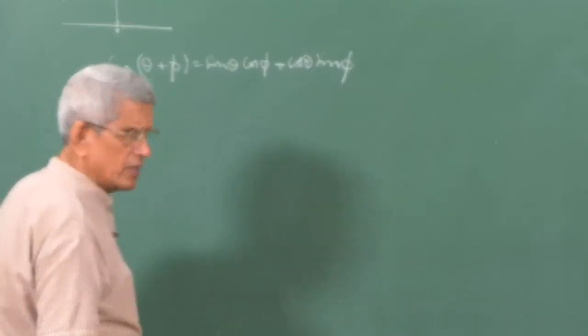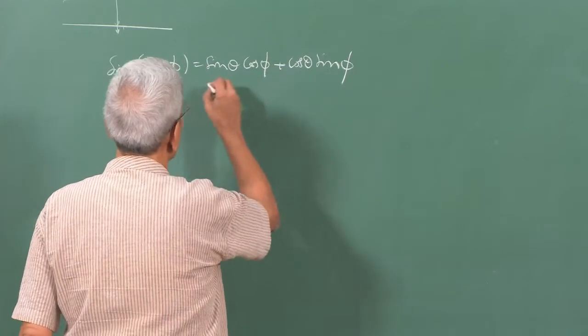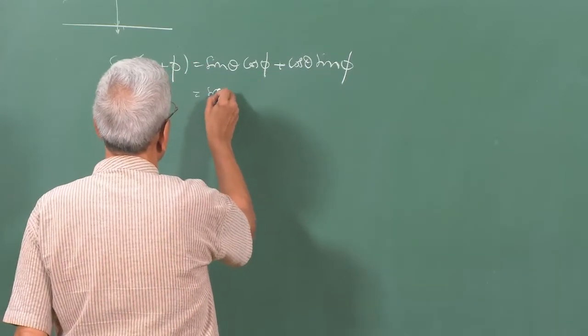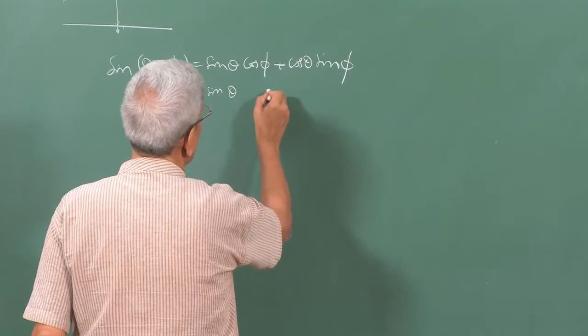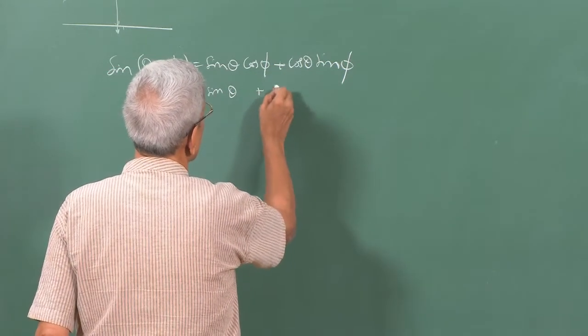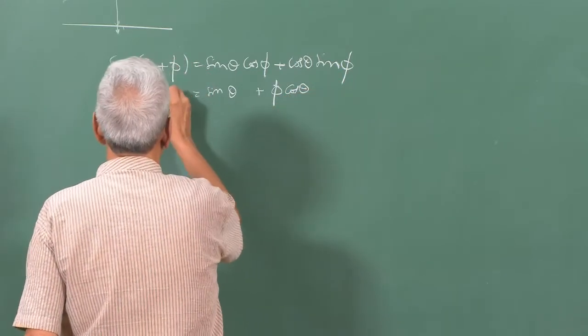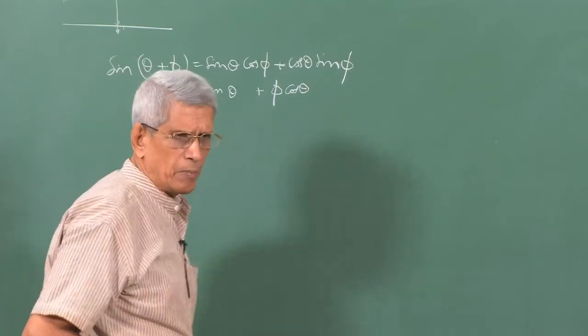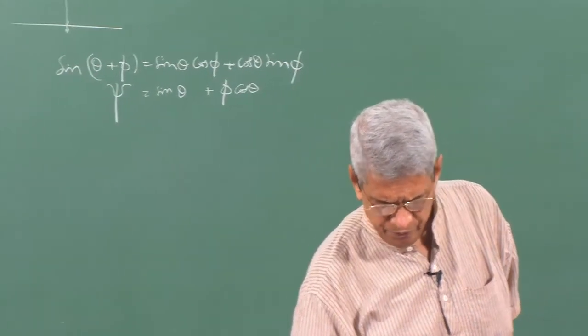If the phase change phi is very small, then cos phi becomes 1 and sin phi becomes phi, so this is sin theta plus phi cos theta. This is what the amplitude becomes; this is the expression which has been derived.